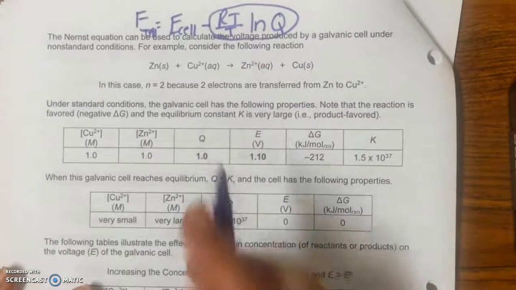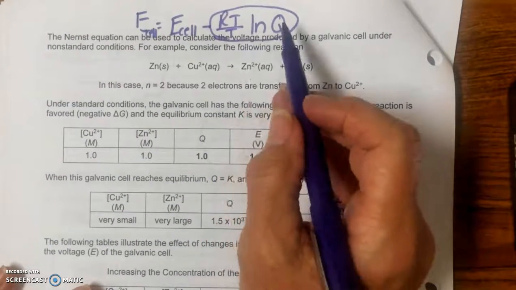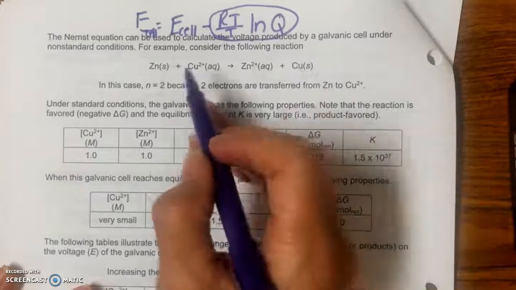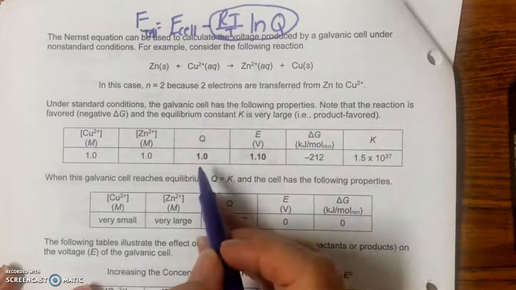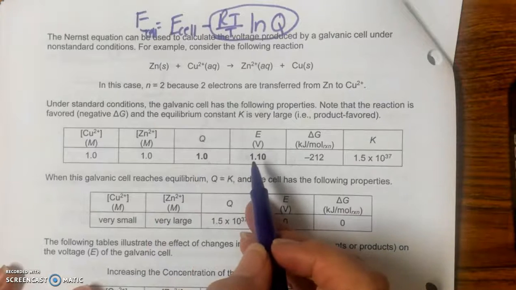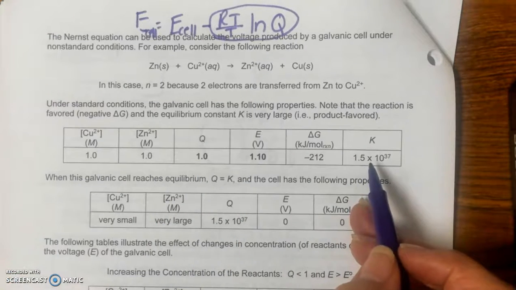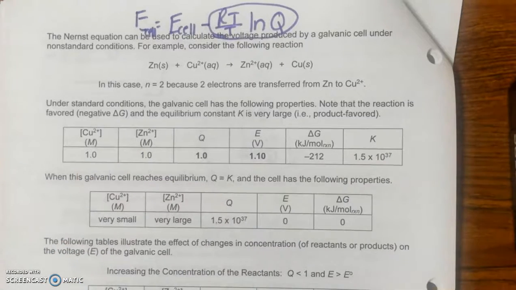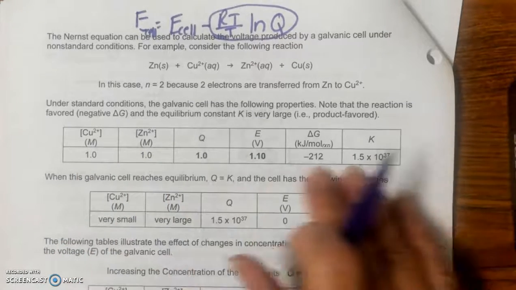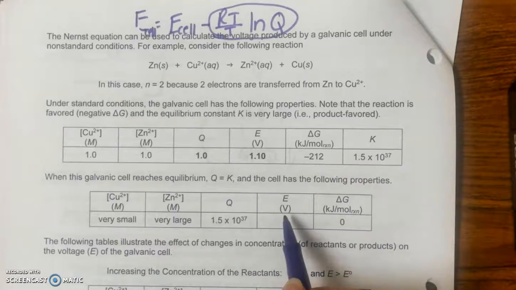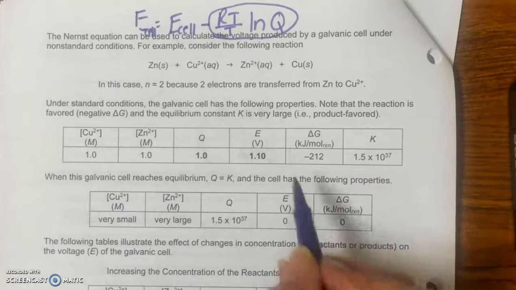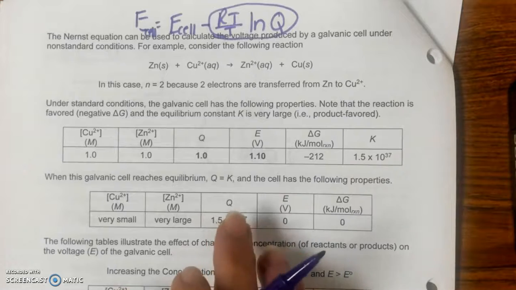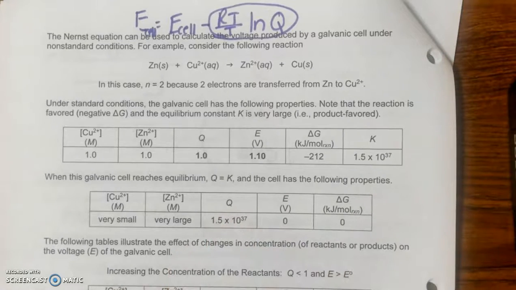So if we look at this system under standard conditions, Q is just going to be 1 times 1 divided by 1 times 1, or 1. We already know the voltage of this. Now it turns out K is very high for this because it sits very far to the side of the products. As the cell runs its course, this becomes 0. This, of course, becomes 0. And then I reach equilibrium, so my Q at equilibrium is K, which is here.